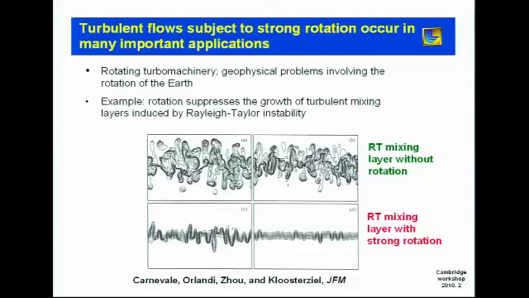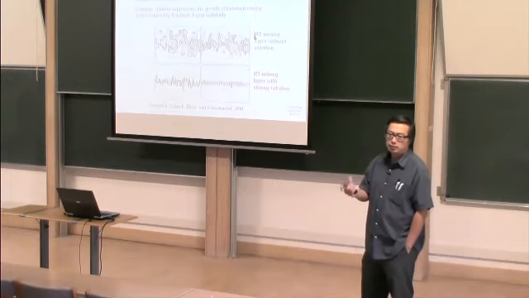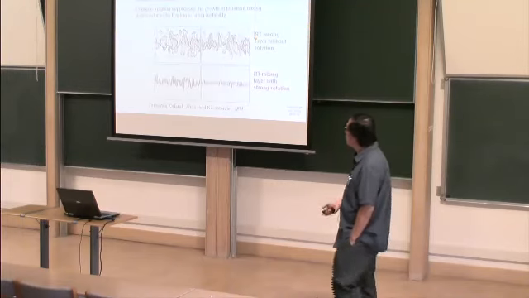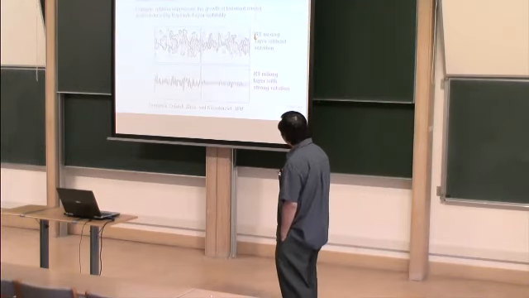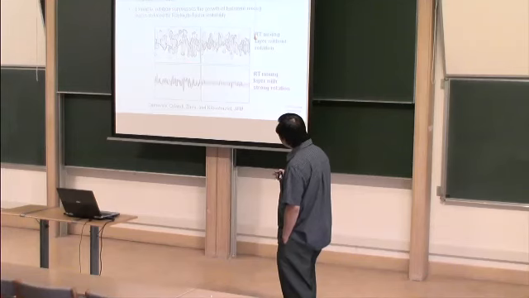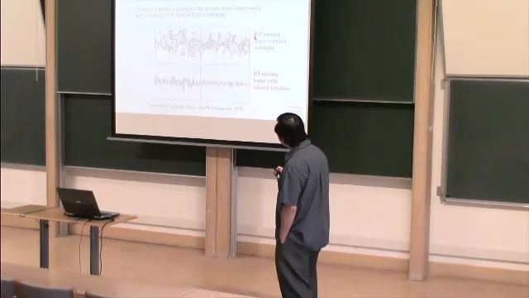To make a connection to the topic I'm going to talk about here, this kind of instability is also sensitive to whether the system is subject to rotation or not. Here, I have a Rayleigh-Taylor driven flow without any rotation, and you develop all these bubbles and spikes.